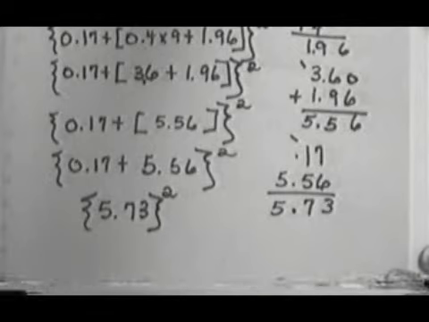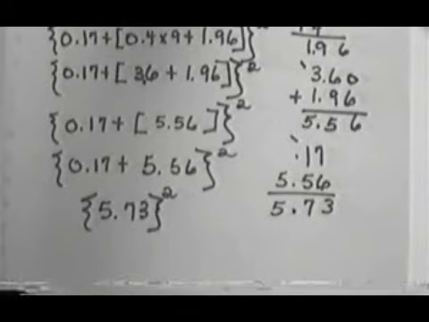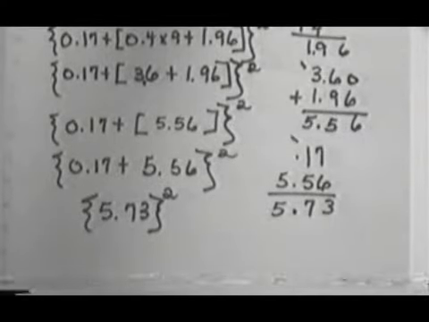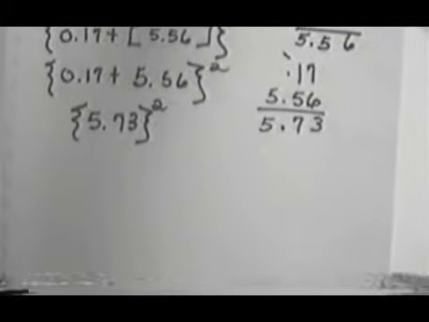Okay, so we finished our work inside our braces, and now we need to move outside of the braces. When we move outside of the braces, we're going to have to do the exponent. We're going to have to square it. So what we want to do is multiply 5 and 73 hundredths by itself. So we probably should need to come over to the side and do that.